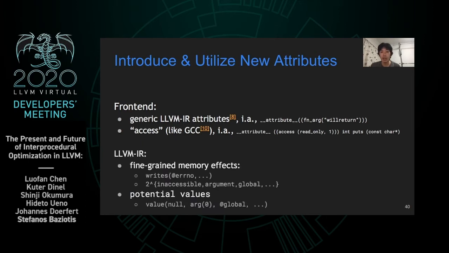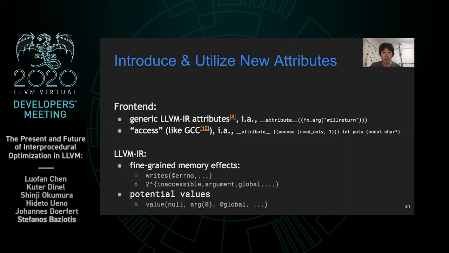On the LLVM IR level, we can introduce more precise attributes for memory effects. Something related to errno or more precise memory locations.